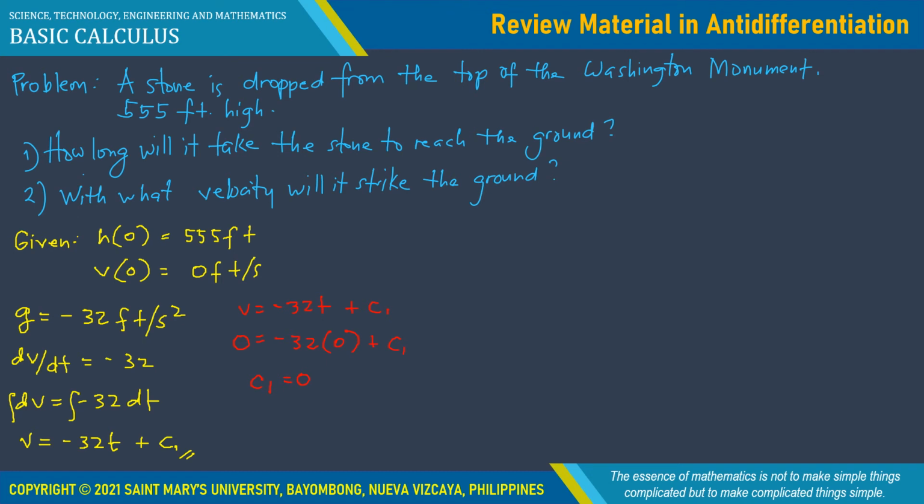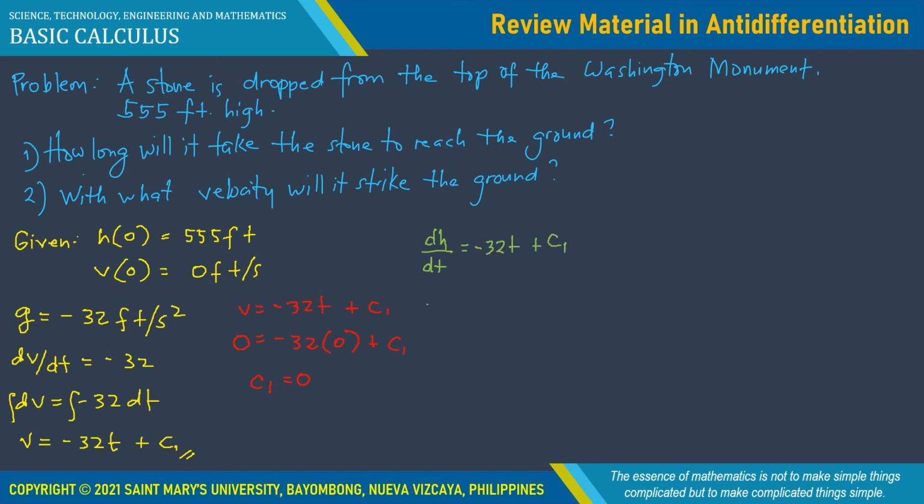Okay, let's continue. And then, diba, alam naman natin na ang velocity is the derivative of the height with respect to time. So meaning, ating dh over dt is equal to negative 32t plus c sub 1.